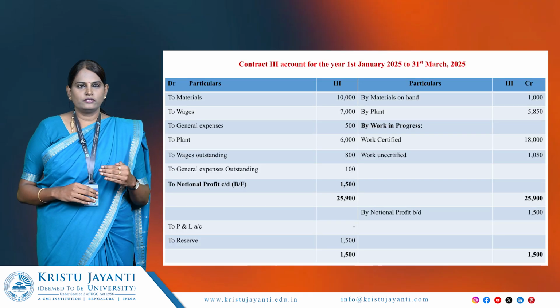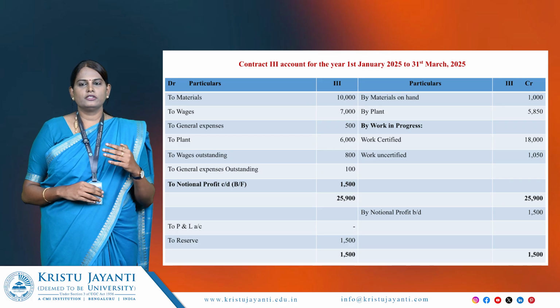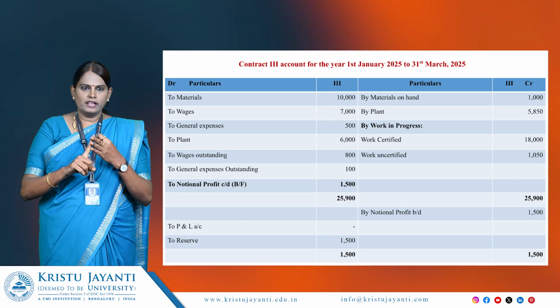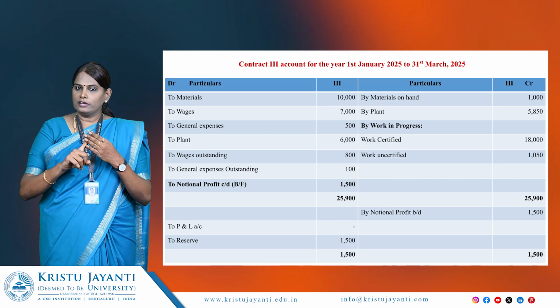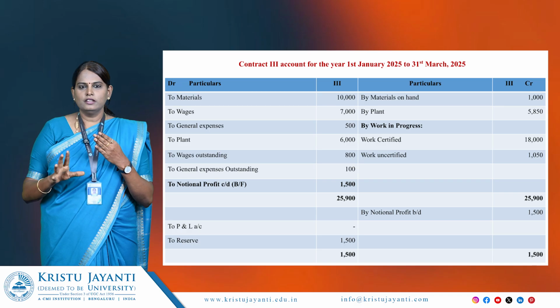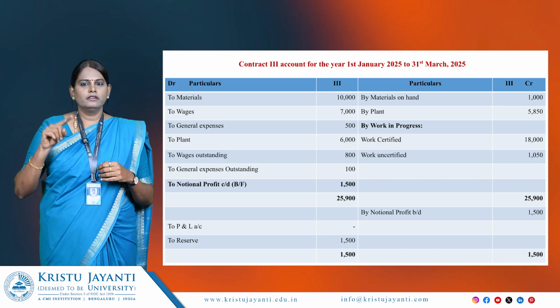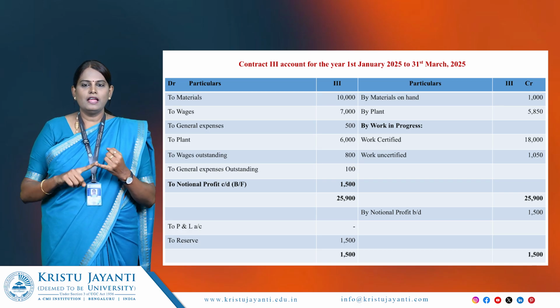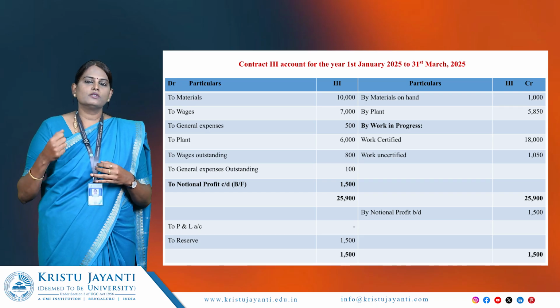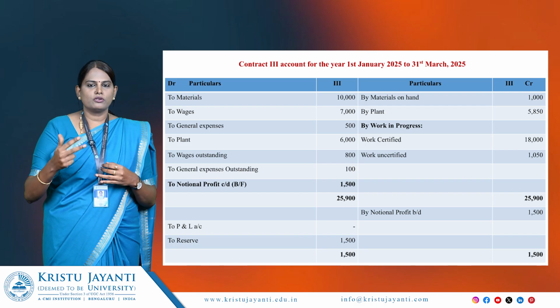Now let us look into contract 3. Again, on contract 3, that is the third contract, you have items such as material, wages, general expenses, plant value 6,000. There is a 10% depreciation, as I said. So the value is 6,000, 10% is your depreciation, and this contract came into effect from 1st of January. So January, February, March, only 3 months.